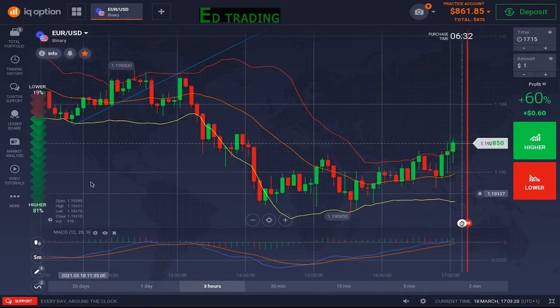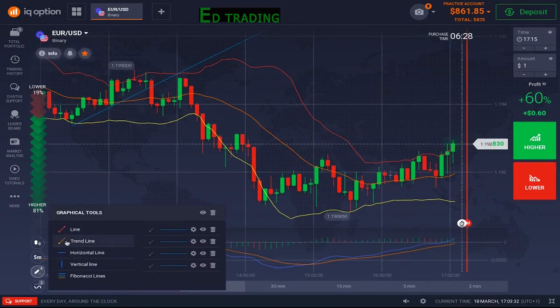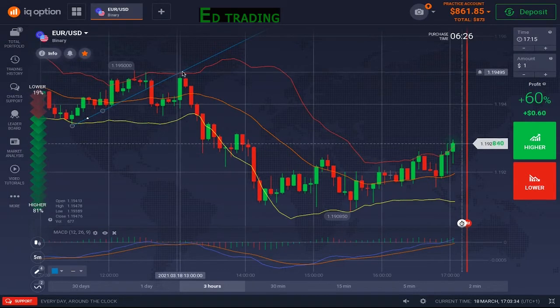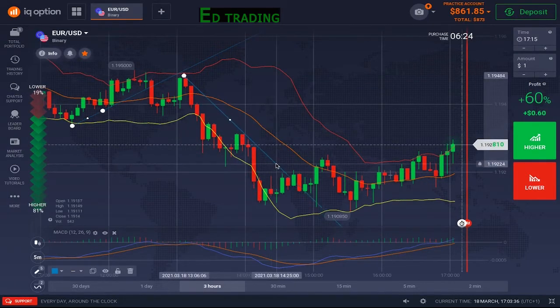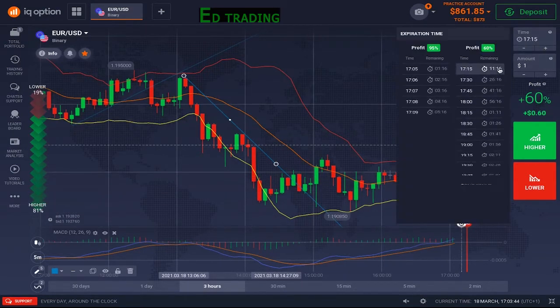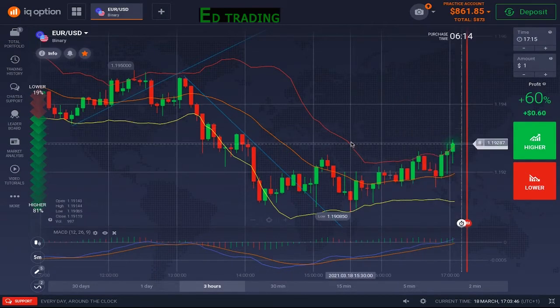So anytime you see a sideways movement like that, just wait. So when you see a break like this below, you draw a trend line again. Then at the break, you buy. See, change your time to 15 minutes and you are in the money.